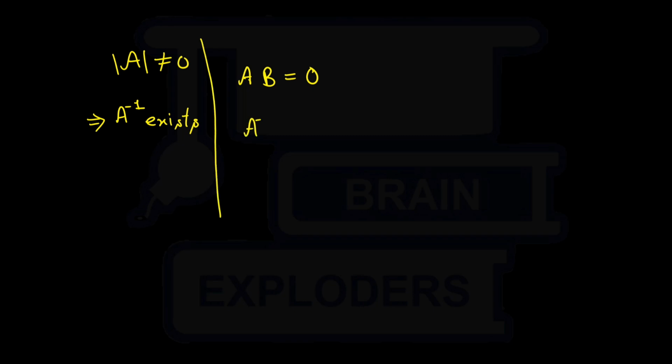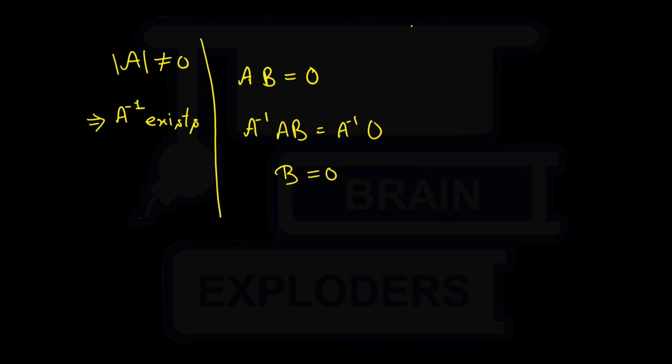And since A inverse exists, we can multiply A inverse to both sides of the equation. And hence we will find that B is a null matrix.